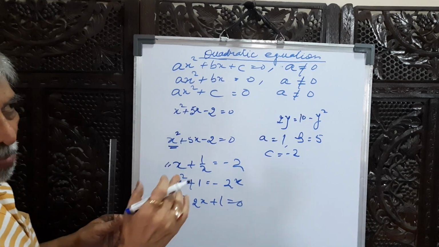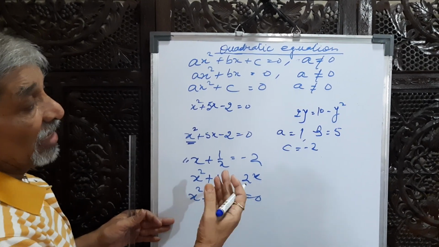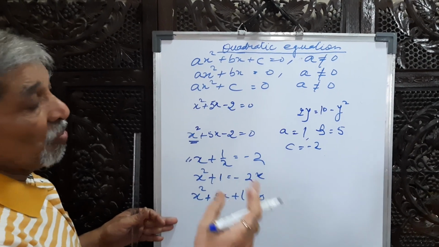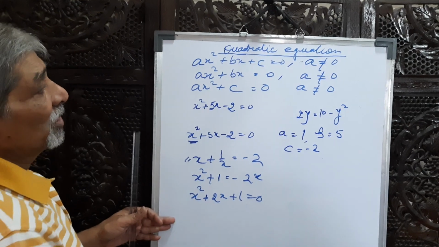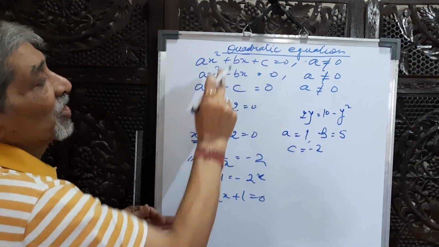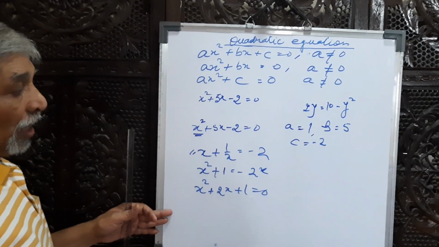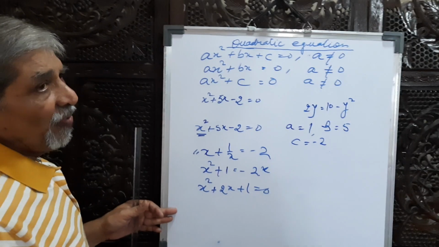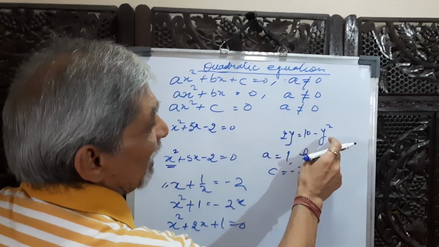This part is very important because later when we will be going for the formula method, that time we have to decide what is a, what is b, what is c. A is the coefficient of x squared, b is the coefficient of x, and c is the constant coefficient.